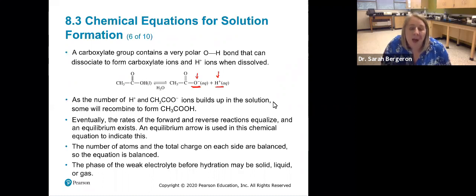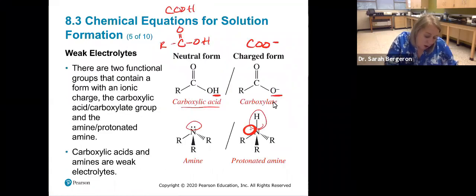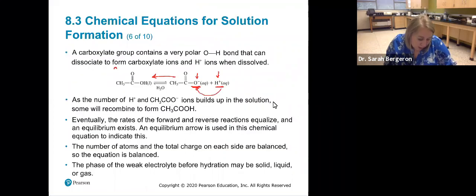As this starts to happen, sometimes you're going to have the reaction go in the reverse direction, where some of those hydrogens are going to jump back onto this oxygen, and you're going to form back into our carboxylic acid form. So this is our carboxylic acid. This is our carboxylate form.